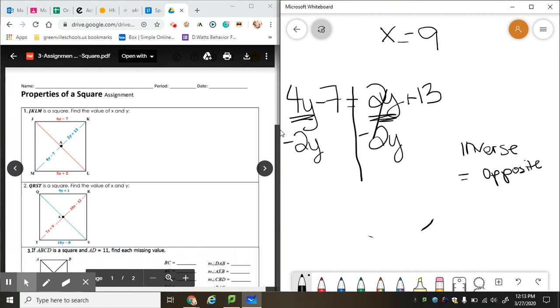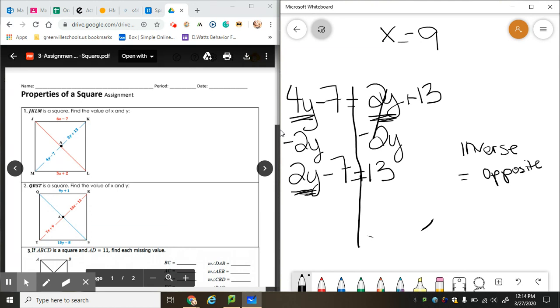4 minus 2 is 2y minus 7 equals 13. Again, I have a y here, a negative 7 and a 13. It makes more sense to get the y term alone and move the 7 first.